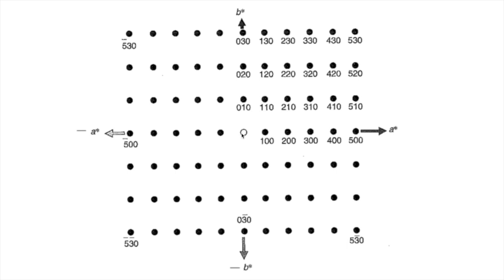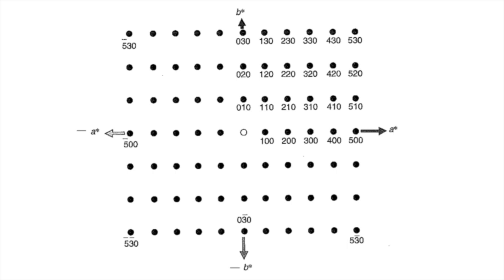So I can draw a vector from the origin to any given point in this reciprocal space, and that tells me about a plane. So that's why you see each one of these points has indices, and these indices correspond to those HKL planes. So this is an example of a tetragonal crystal and the reciprocal lattice of those.